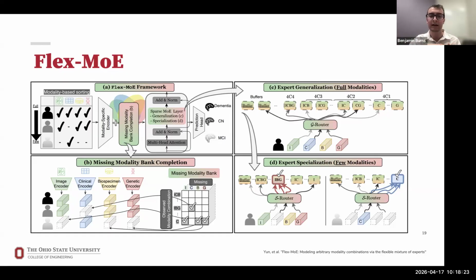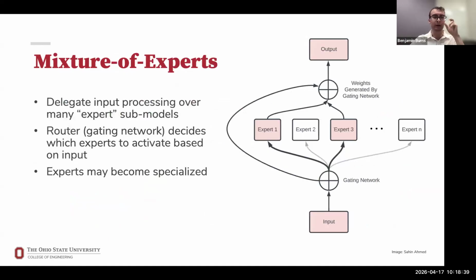So in this way, every single modality combination has a dedicated expert in this mixture of experts layer to process the inputs. So no longer having the one pathway through, we have branched conditional pathing. And I'll explain the FlexMOE a little bit more in depth so that we're on the same page, since this is key to both the FlexMOE method and my method.